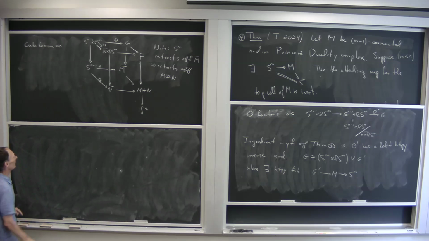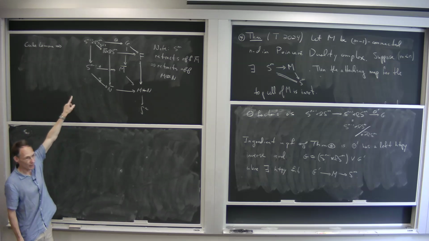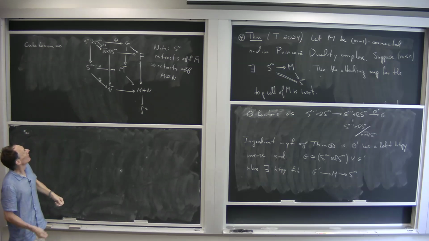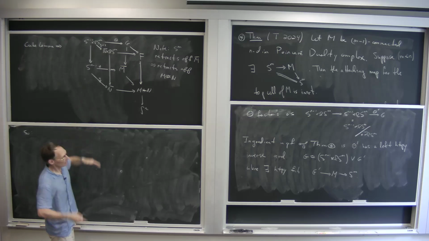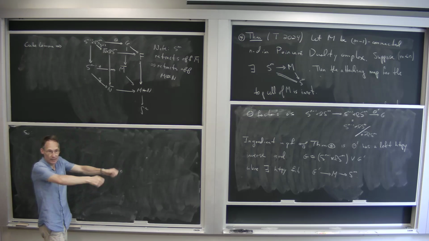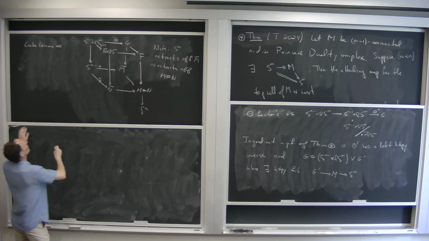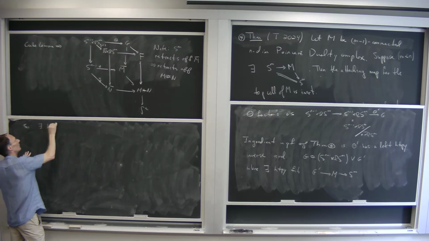So what does this do for you? If you think about the push out at the top of that cube, right, then in both the map for theta and the other horizontal map, the loop SM is collapsing out, right? So there's actually a push out, a homotopy push out.